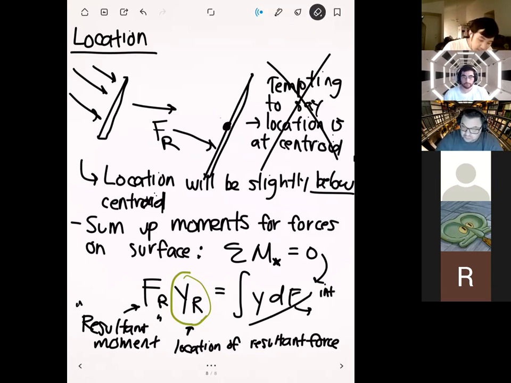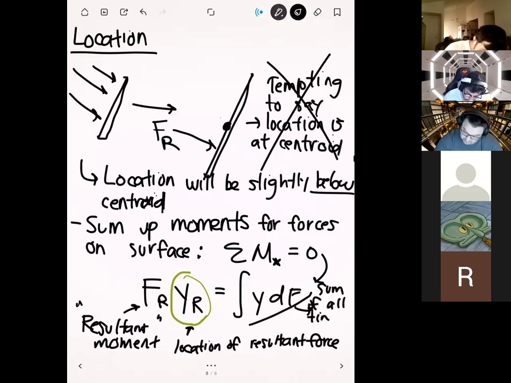So this is the sum of all tiny moments. These two quantities have to be equal to each other, and we want to compute YR from this expression.